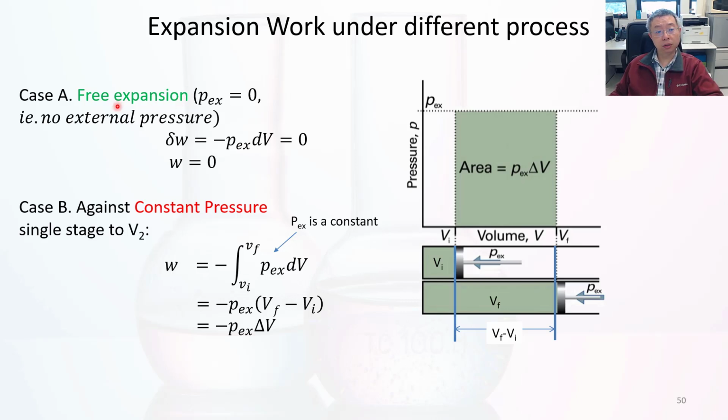So this makes the case of expansion into two very simple cases. The first case we always use is called free expansion. Free expansion is where the external pressure is equal to 0.